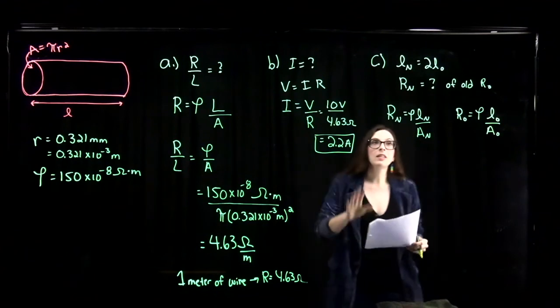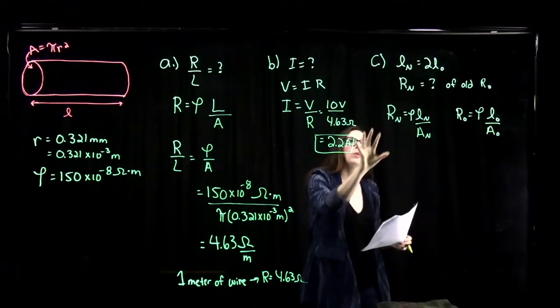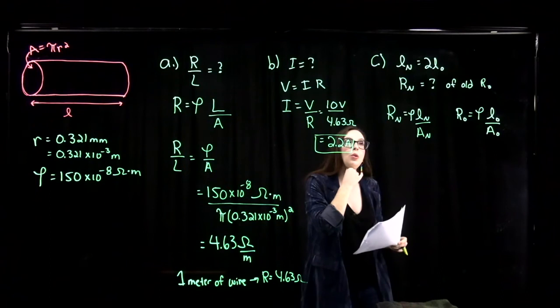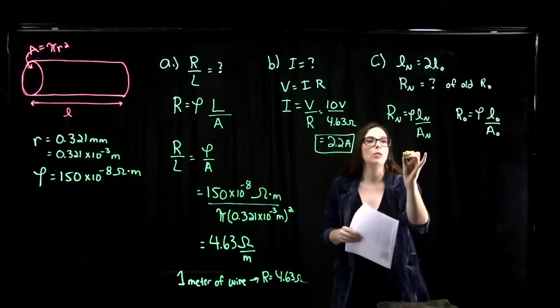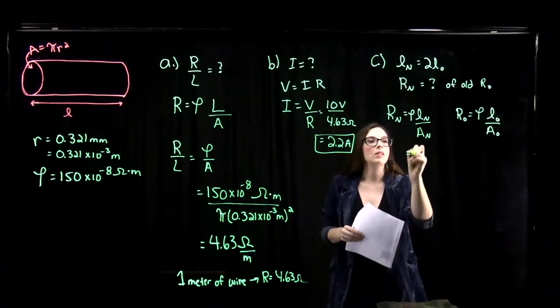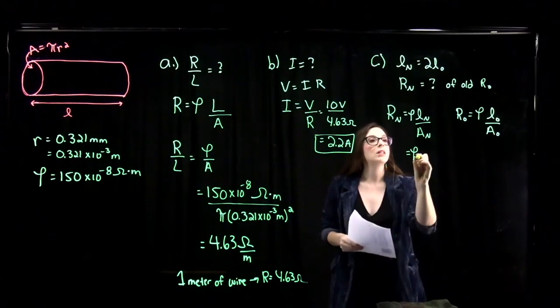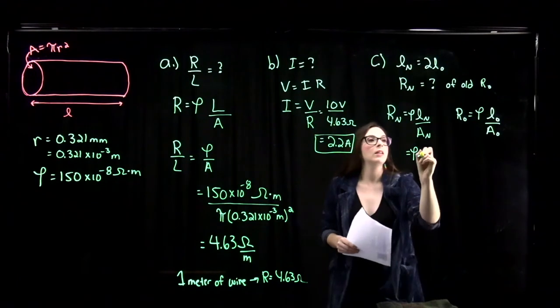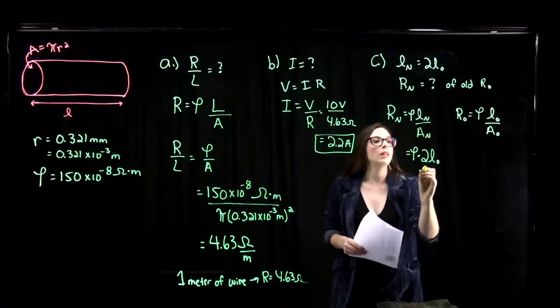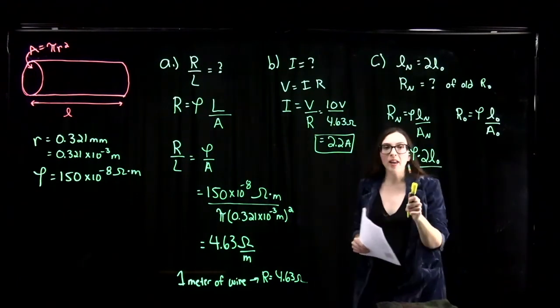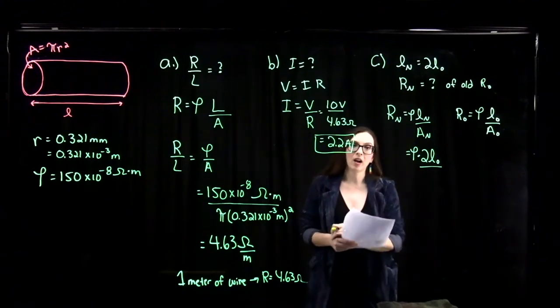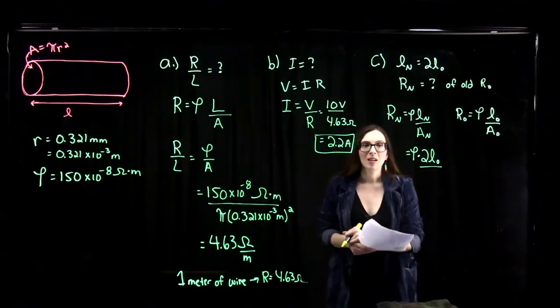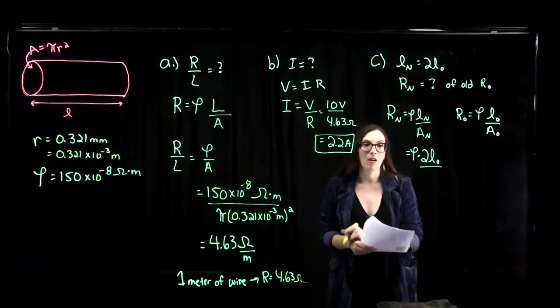All right. But let's think about rewriting this equation for our new resistance in terms of the old resistance. Well, this is our resistivity here times the new length is twice the old length, so twice the old length. Now we want to write our new cross-sectional area in terms of our old cross-sectional area.